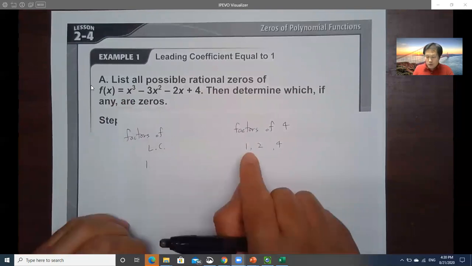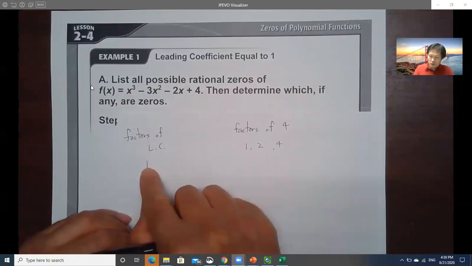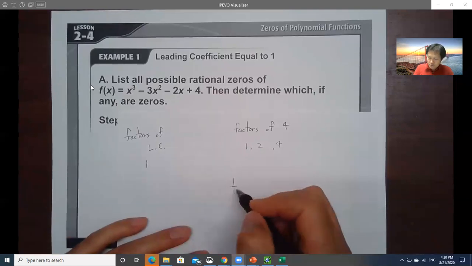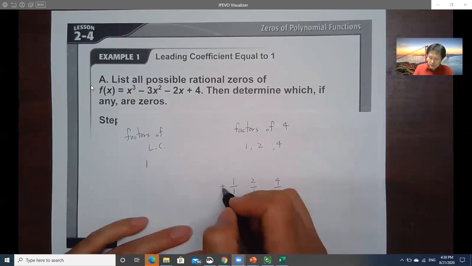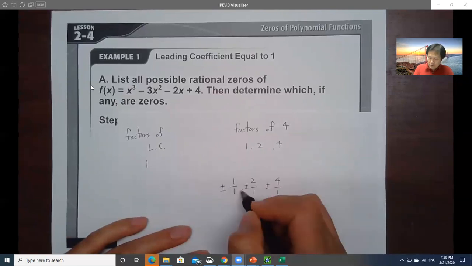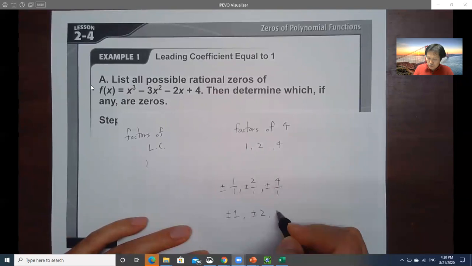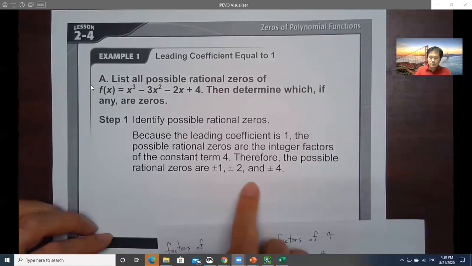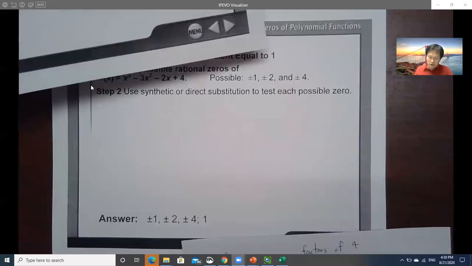Then numerator over denominator gives 1 over 1, 2 over 1, 4 over 1, all plus minus. So we got 6 numbers. Over 1 doesn't do much, so plus minus 1, plus minus 2, plus minus 4. We got 6 answers. Those are the possible rational zeros.